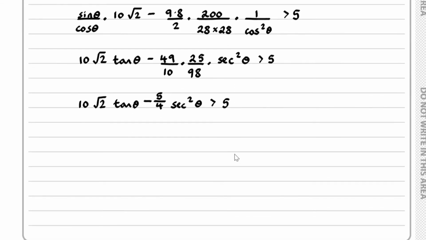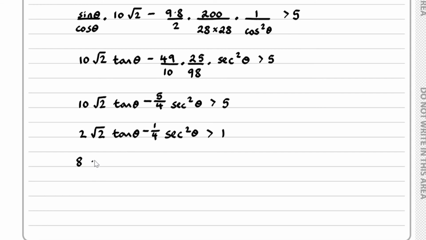And what we can do is divide every term by 5 and then times by 4. So if I divide through by 5, I would end up with 2 root 2 tan theta subtract 1/4 sec squared theta being greater than 1, times through by 4.